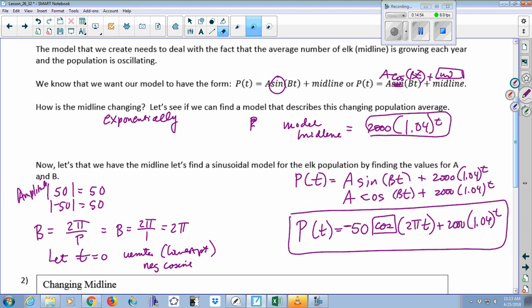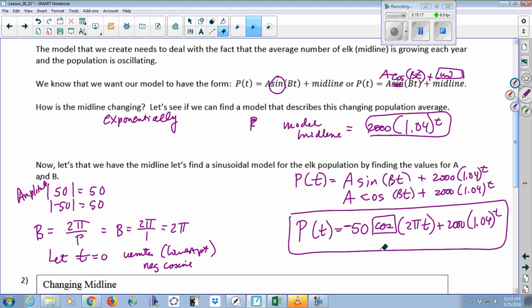If you started in the summer, then it would just be 50 cosine. It would be the same thing. You wouldn't have to shift it. You'd only have to shift it if we were looking at the graph of this with your low point being at t = 0 and you wanted to go up to your maximum.